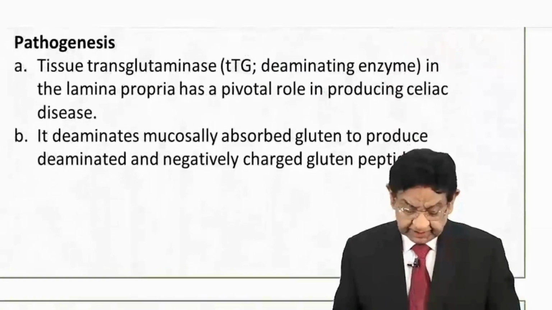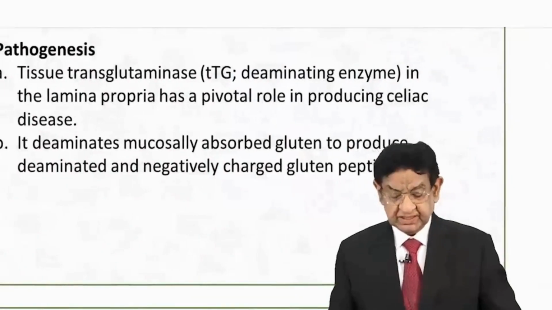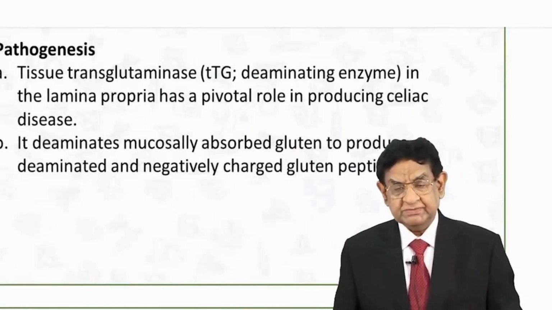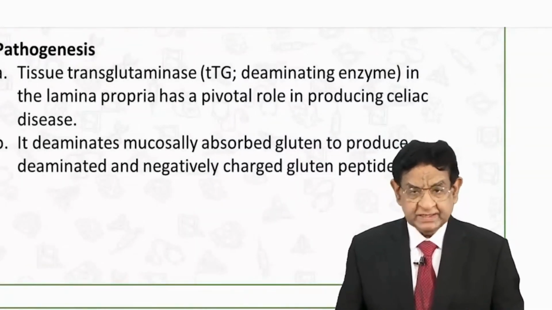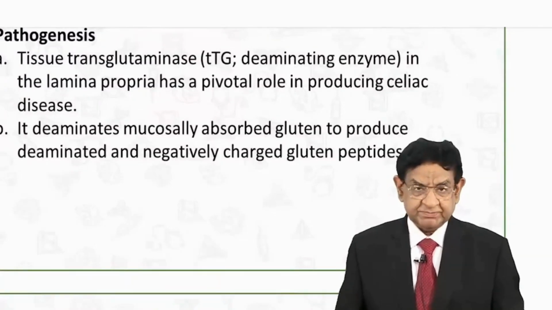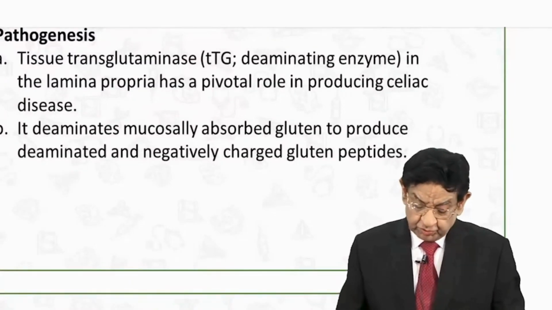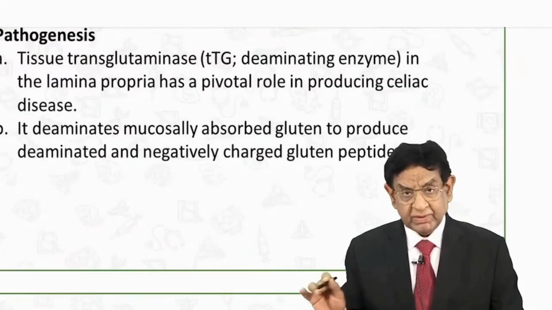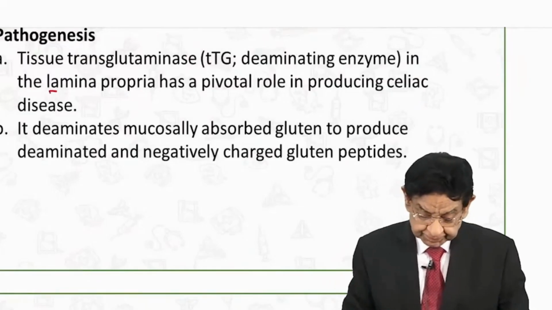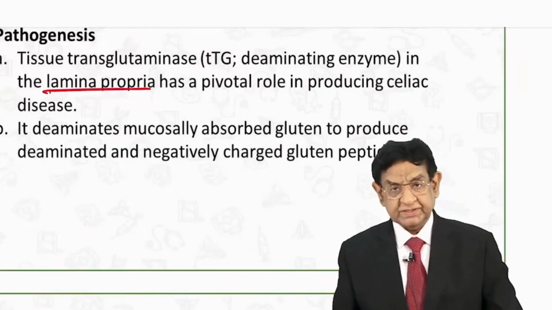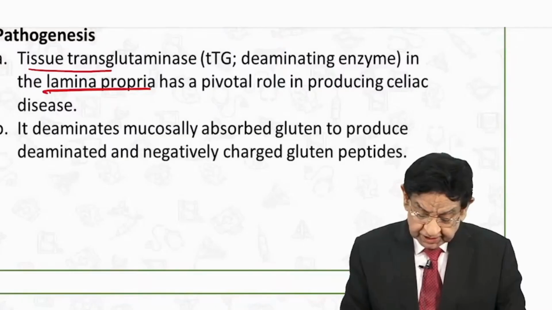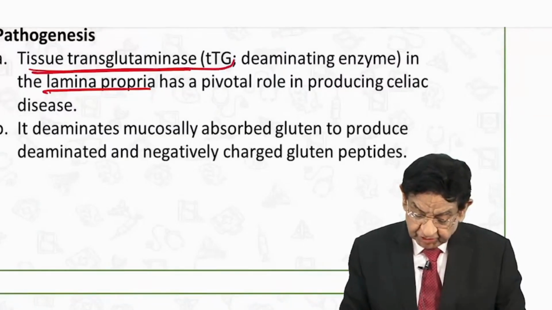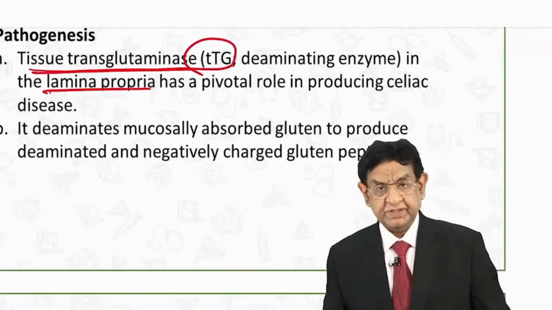Now let us see the pathogenesis. We read just now that there is atrophy of the mucosa. Why and how? Let's go into a deeper aspect of the knowledge. In the normal lamina propria of the small intestine, there is an enzyme called tissue transglutaminase, which we write as TTG.